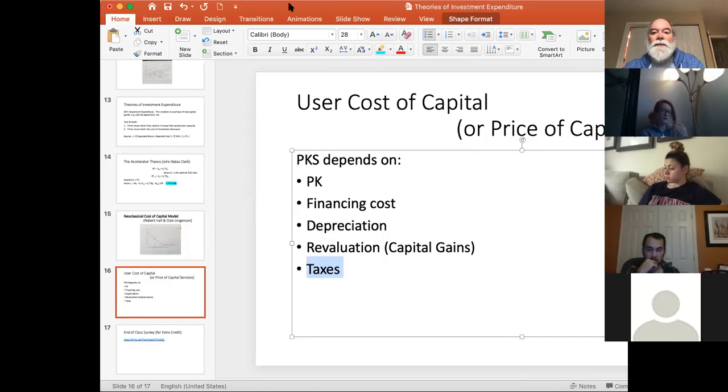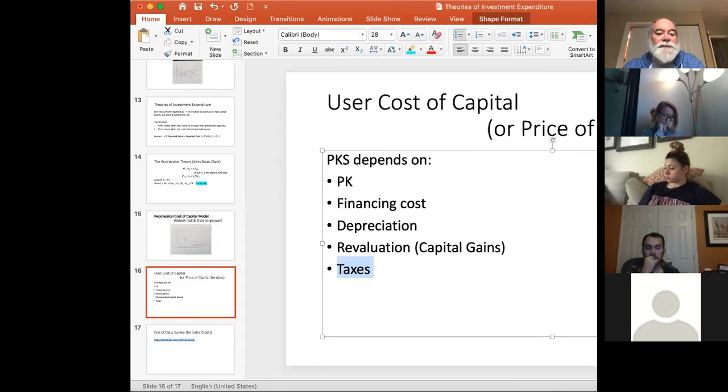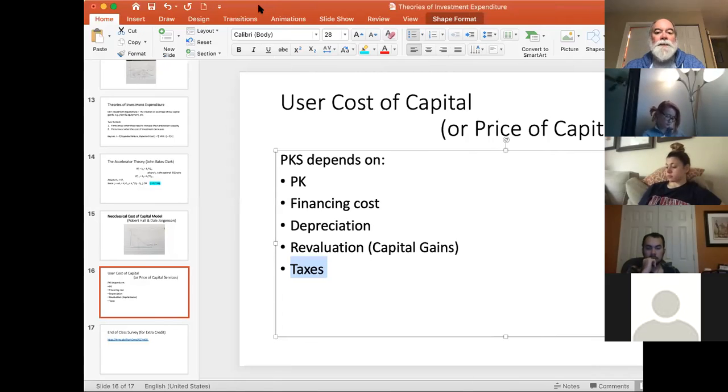Okay, now let me put some numbers in here and see if this will help you make more sense out of this. Suppose the PK is $100,000. Suppose the interest rate is 10%. Let's suppose the depreciation rate, we'll call it D, is 3%.